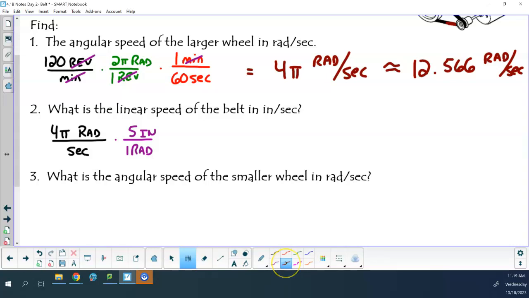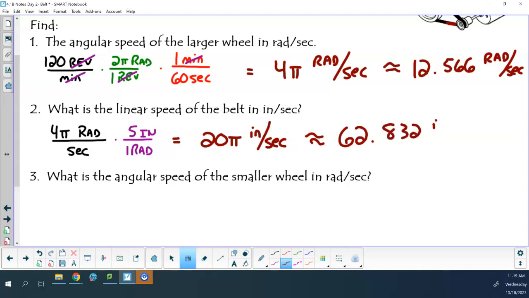So the belt is traveling at 20 pi inches per second. Yes? If you wanted to decimal approximate that, it would be 62.832 inches per second. Agree with me on that?